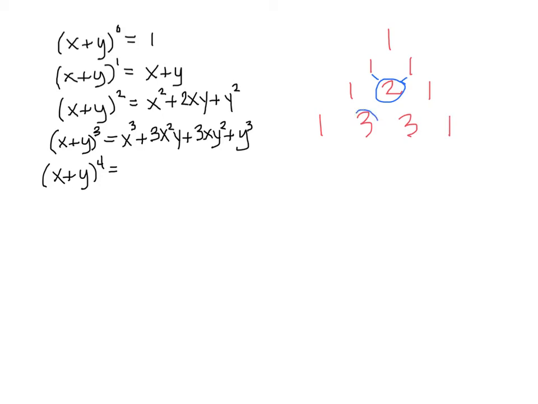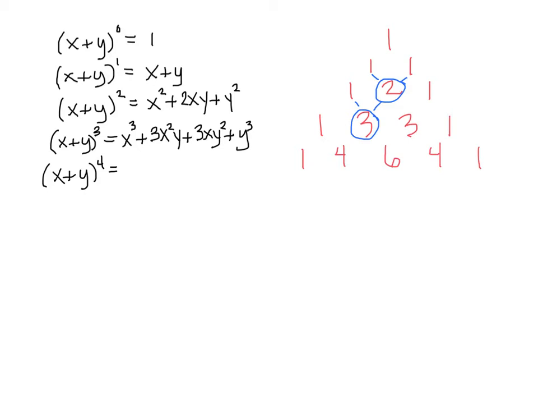So this 3 comes from the addition of 1 and 2. The next row, so they always start with 1, would be 1, 4, because that's the addition of 1 and 3, 6, 4, 1.